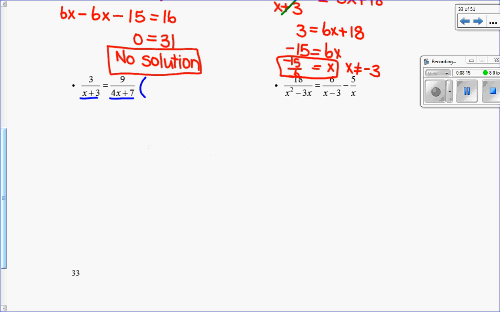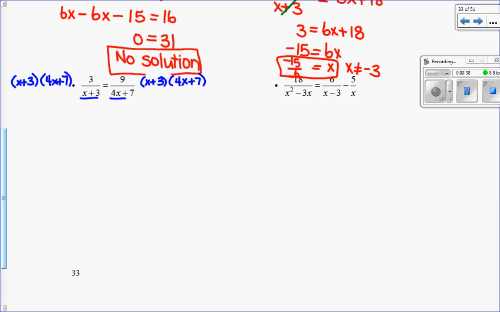Okay, so on this side, I guess I don't need to make my bracket quite that large. X plus 3 and 4x plus 7. And I'm going to do the same thing on this side, multiply it by x plus 3 and 4x plus 7.